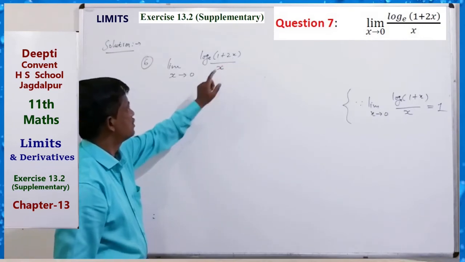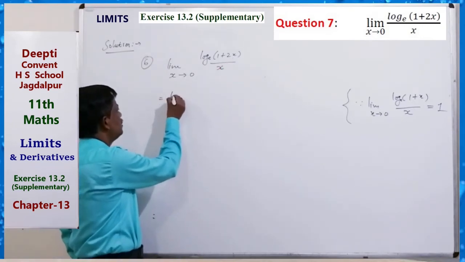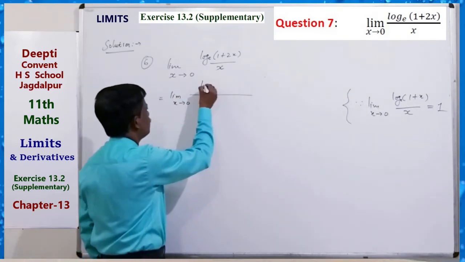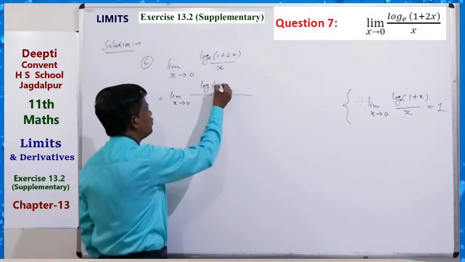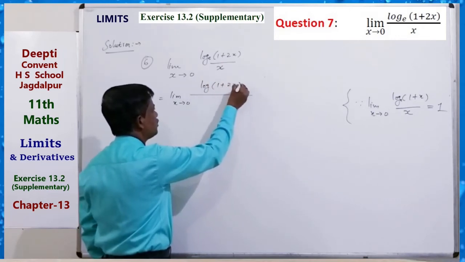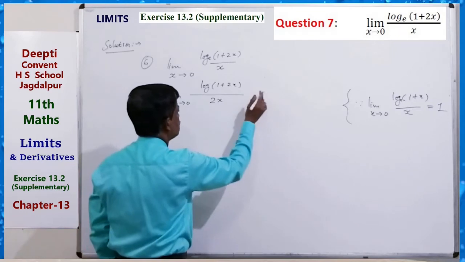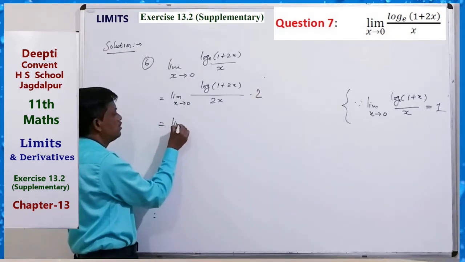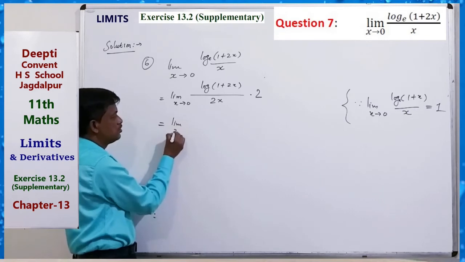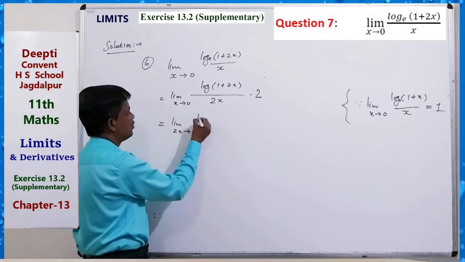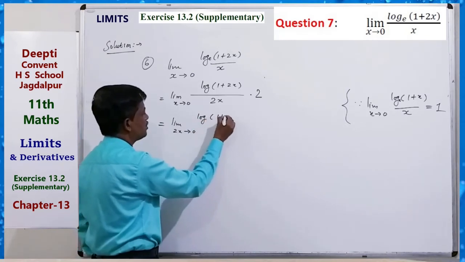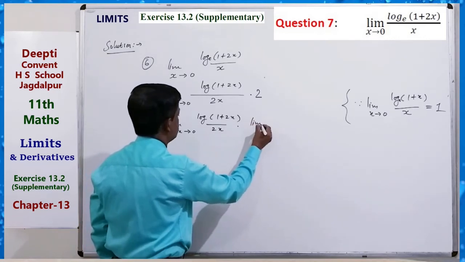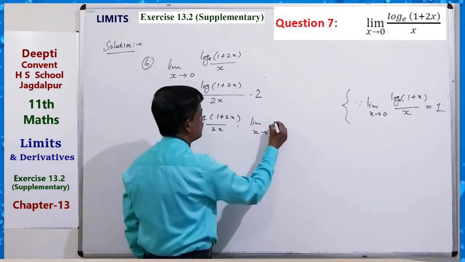Here we have 2x, so we can write limit x tending to 0 of log of (1 plus 2x) upon 2x into 2.